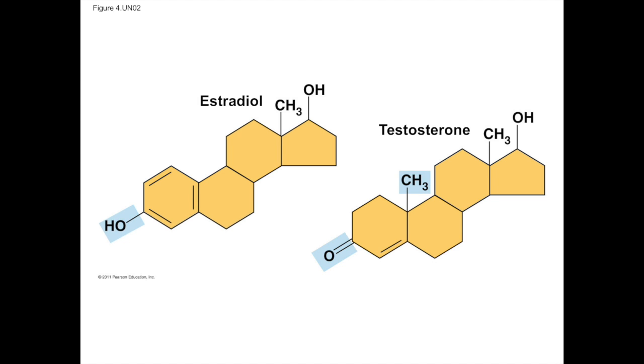But estradiol is a hormone that is produced abundantly in the bodies of women, and testosterone is a hormone that is present in great abundance in the bodies of men. And if women start taking testosterone exogenously, adding testosterone into their diet, they will develop more male characteristics.